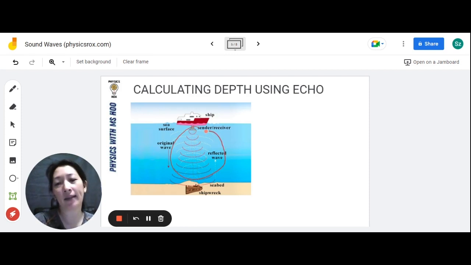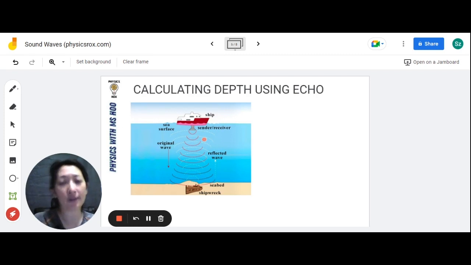This is the same technique that's also used to look for things at the bottom of the sea, for example, a shipwreck. They could also use this to look for fish, for hidden treasures at the bottom, or to just observe the corals at the bottom of the sea. They use sound waves because sound can travel quite fast through water.